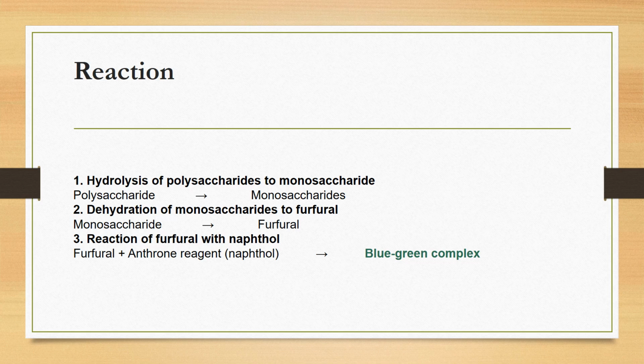So when we add concentrated sulfuric acid, the hydrolysis of polysaccharides to monosaccharides is the first step, and then the monosaccharide undergoes dehydration to furfural, or hydroxymethylfurfural if it comes from hexoses like glucose, for example.